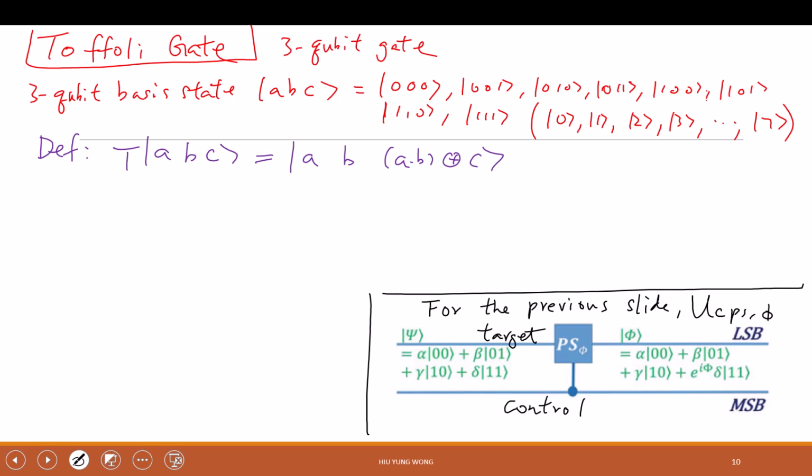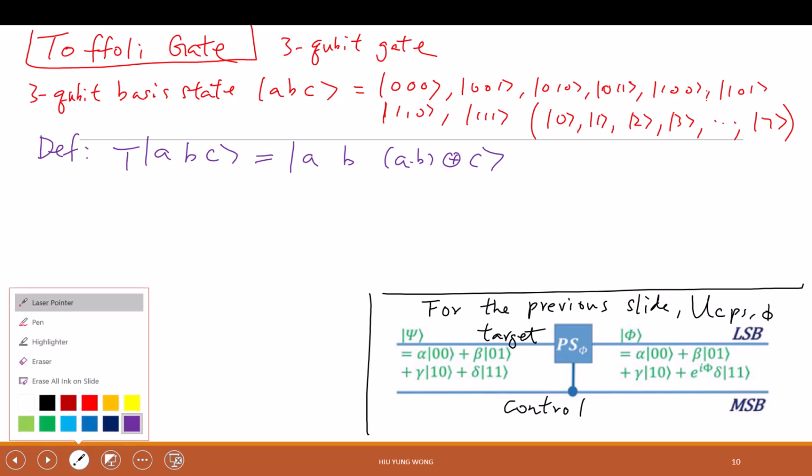Calm down, think about what it's talking about. Again, A, B, C can take any 0 or 1. After that, we still have 3 qubits, right? So A is still A, B is still B, but the last one becomes C exclusive or A and B, or A times B.